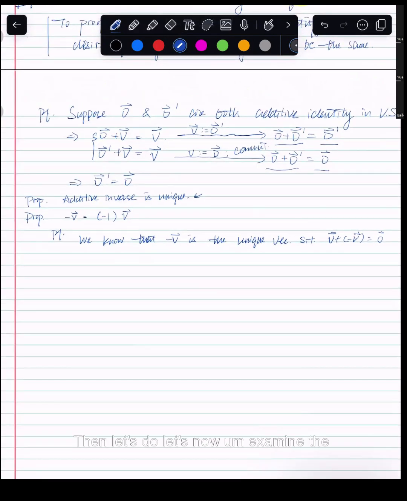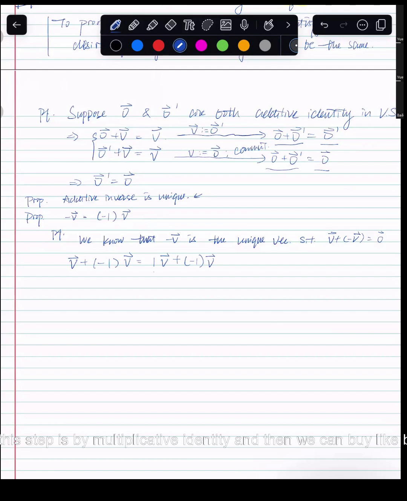So then let's now examine the -1 multiply v. So we know that it equals 1v plus -1 v, because we know that 1 is the multiplicative identity of scalars. This step is by multiplicative identity.